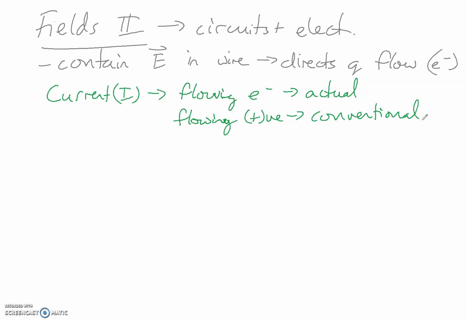But instead of flipping everything, they just talk about conventional current and actual current. If you ask most people which way electricity goes, they'll say it goes from positive to negative. But why would an electron want to leave a positive terminal and go to a negative terminal? It doesn't make any sense, because that's the conventional current idea. Regardless, it doesn't make much of a difference. Positives going one way, negatives going the other way, it's all the same thing.